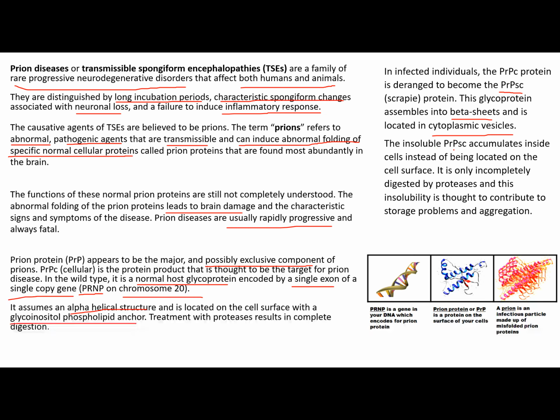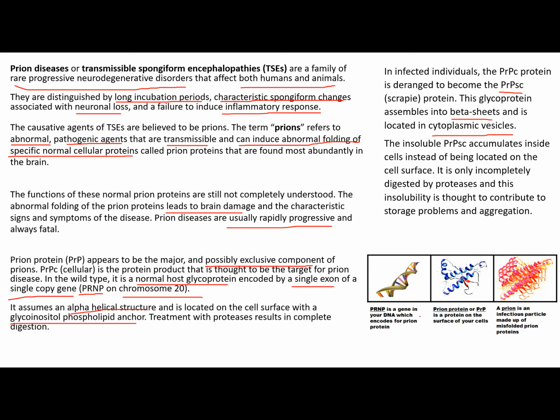Now, the insoluble PrPSc would accumulate inside cells instead of being located on the cell surface. It is only incompletely digested by proteases, and this insolubility is thought to contribute to storage problems and aggregation.